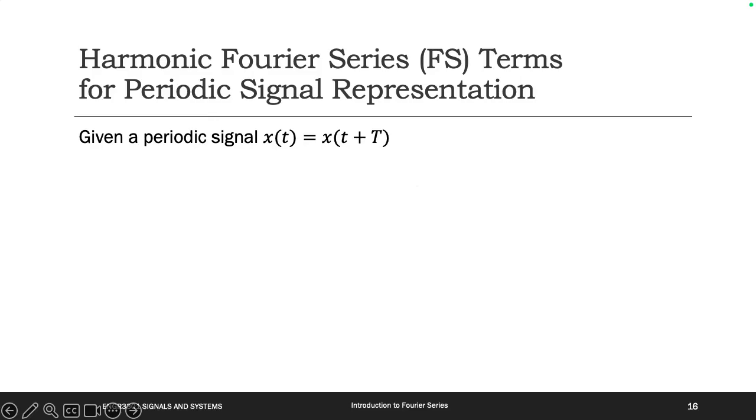After you add this time, it will repeat, am I right? So for this one, it should be capital T. After T, it will repeat. But we know T is the fundamental period, so the fundamental frequency we can easily get, am I right?